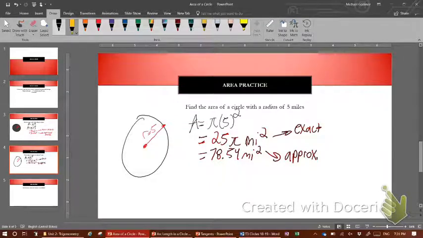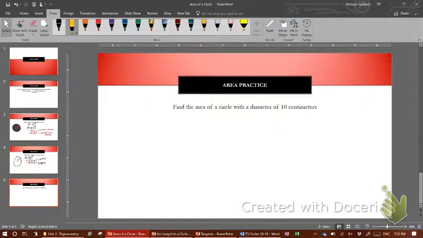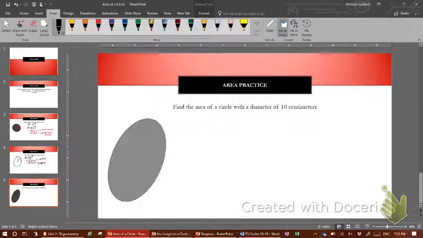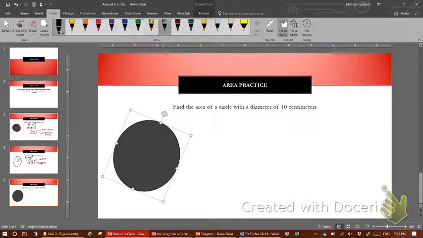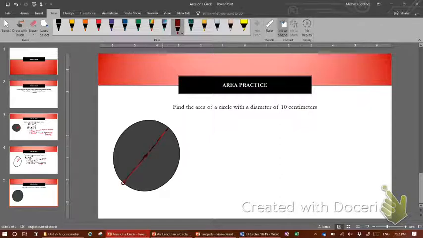That's not going to go over too well. So next we're going to look at something a little different. This last one says, find the area of a circle with a diameter of 10 centimeters. Well, diameter now. That kind of poses an issue. As you may recall, if you have the diameter of a circle, what you're looking at is the distance all the way across through the center.